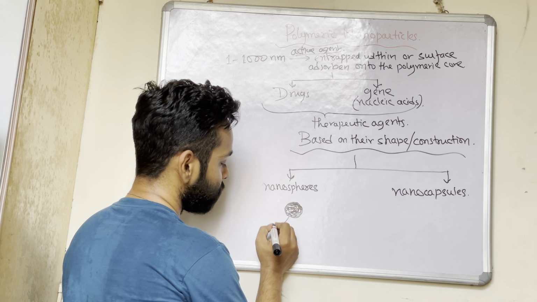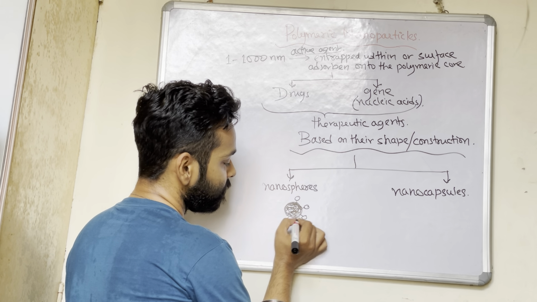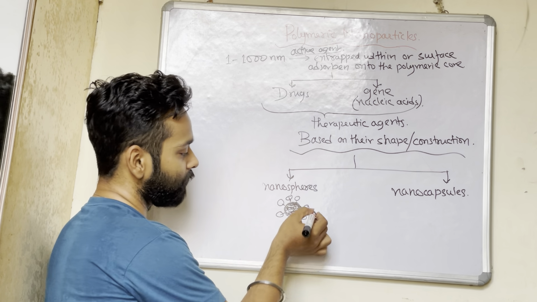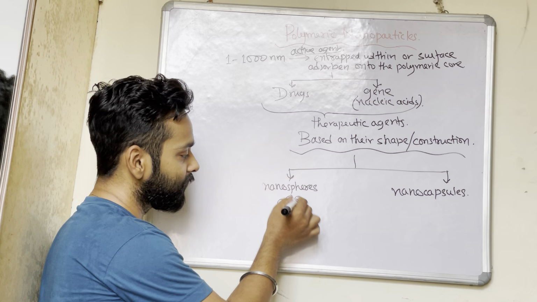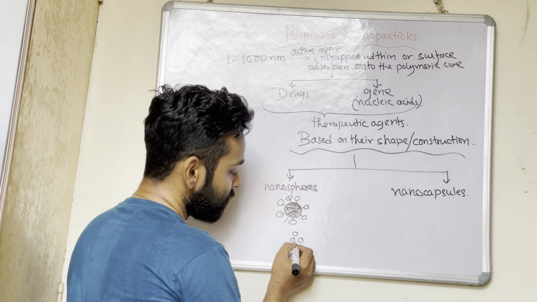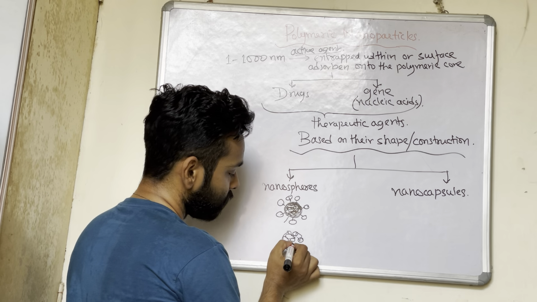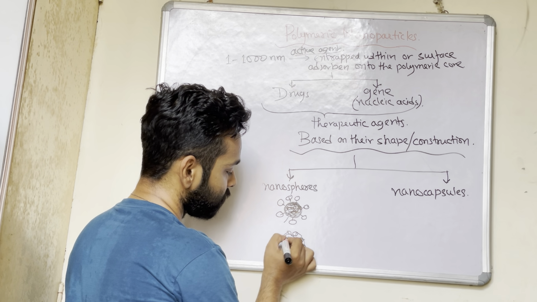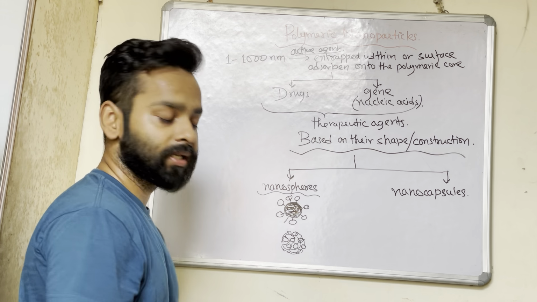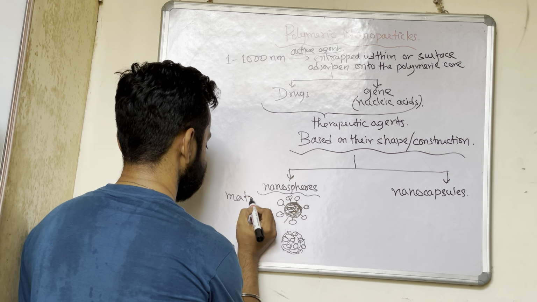Now, the active agent or the drugs can be surface absorbed onto the surface of the spherical shape which the polymeric nanoparticle assumes, or these can be entrapped inside the meshwork of the polymeric network chain. So it can be entrapped like this. So these are the nanospheres, and these nanospheres are called matrix systems.